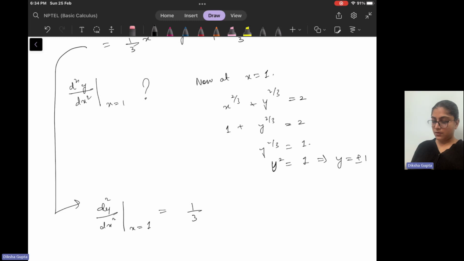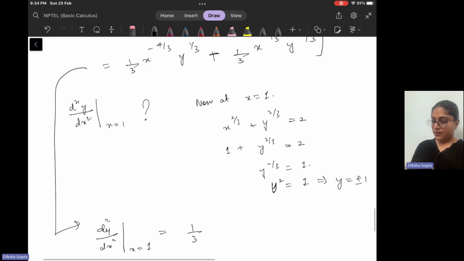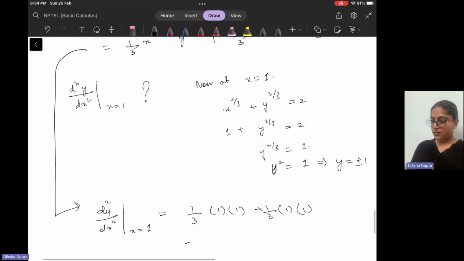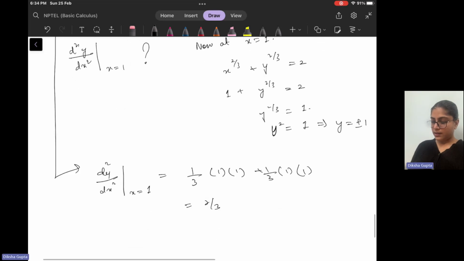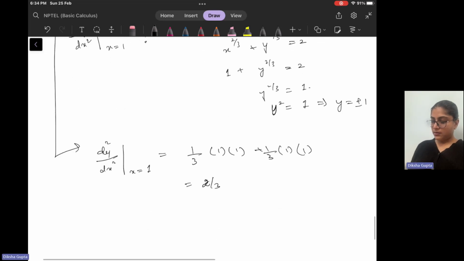So if you put y to be 1, it will be 1 by 3 into 1 plus 1 by 3 into 1 into 1, which is 2 by 3. Right? So when you put d square y by dx square at x equals 1, this was when y equals 1, now when y equals minus 1.